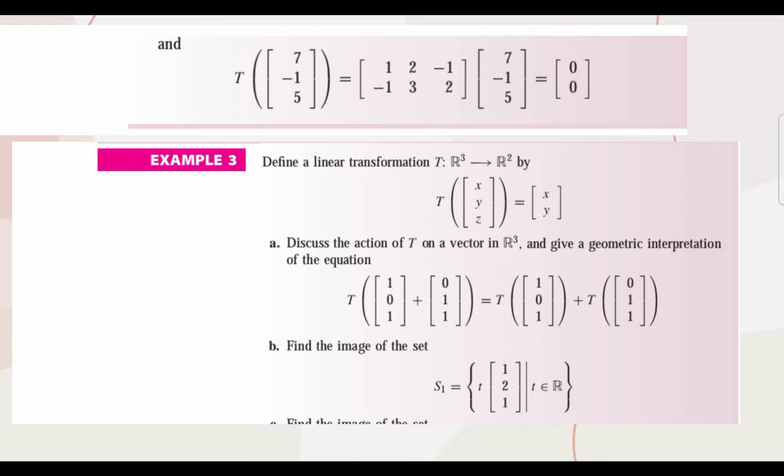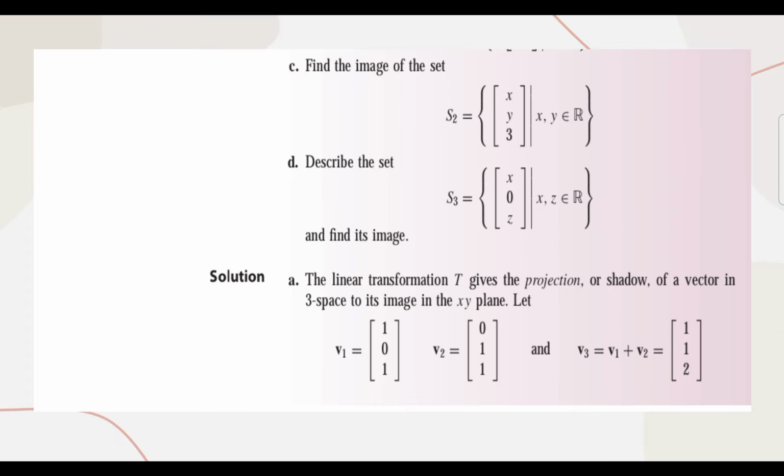B: Find the image of the set S1 = {t(1, 2, 1) : t is an element of R}. C: Find the image of the set S2 = {(x, y, 3) : x and y are elements of R}. D: Describe the set S3 = {(x, 0, z) : x and z are elements of R} and find its image.